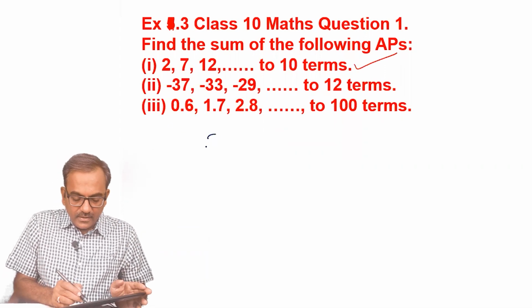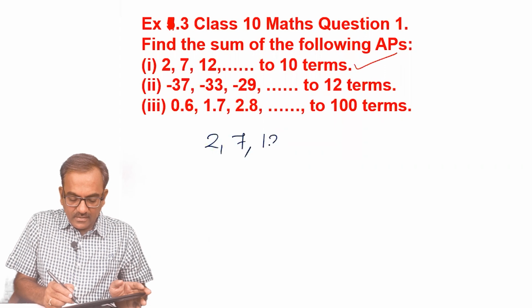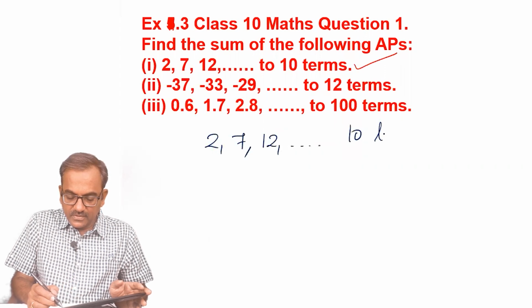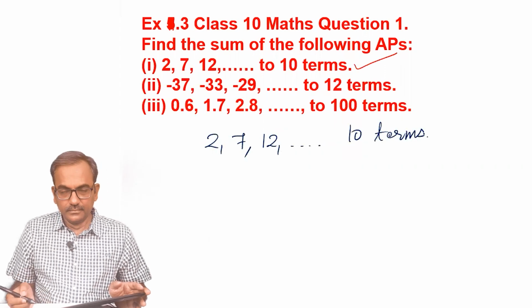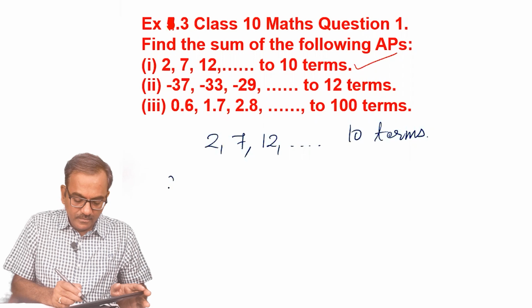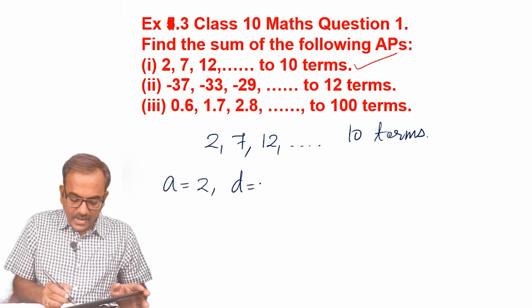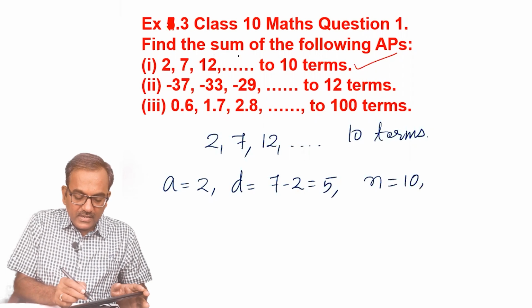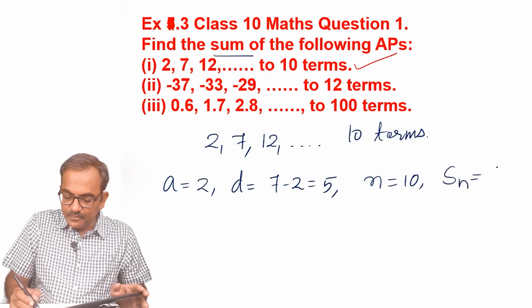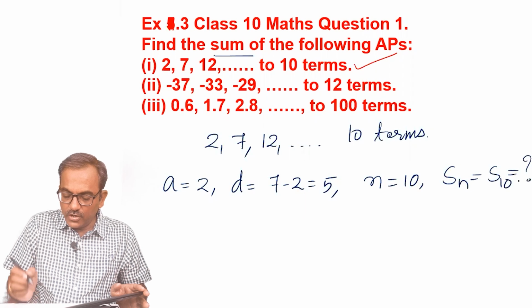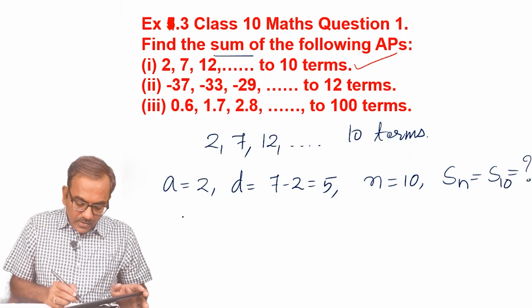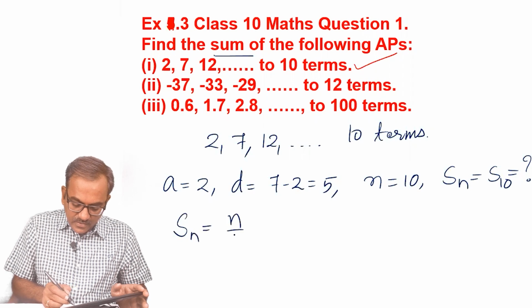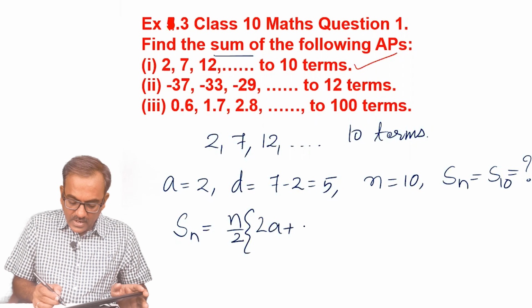So here the AP is 2, 7, 12 up to 10 terms. It's clearly given, a is equal to 2 and d is equal to 7 minus 2, which is equal to 5, and n is equal to 10. We need to determine the sum. Therefore, Sn or S10 is equal to what? The formula we have is Sn is equal to n by 2 times 2a plus n minus 1 times d.